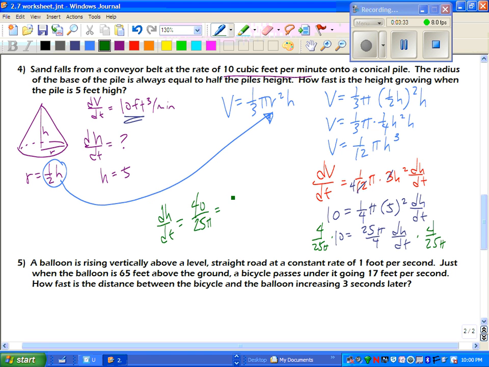And we can simplify that to 8 over 5 pi. Or as a decimal, remember when you're putting this in your calculator, you have to divide by that whole denominator. So that means you have to put it in parentheses. And if we do that, we should get about 51 feet per minute.